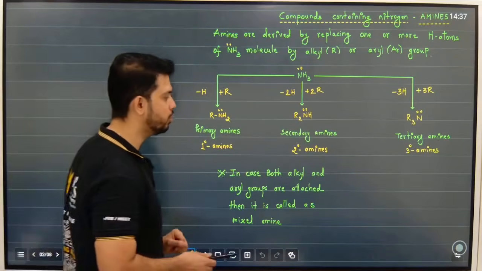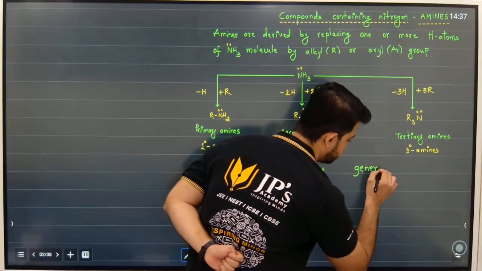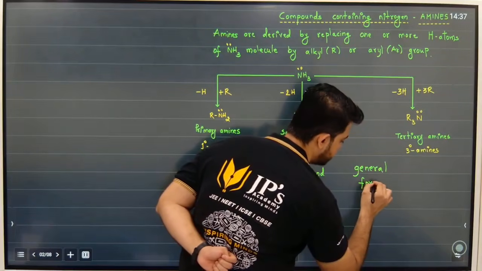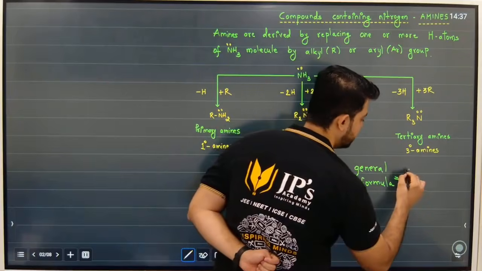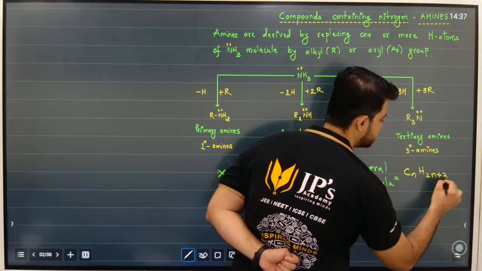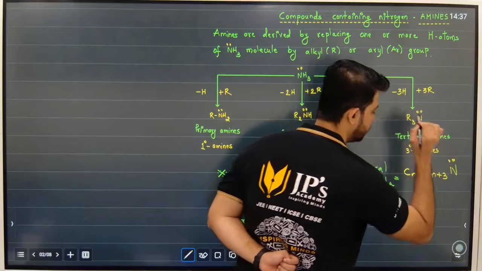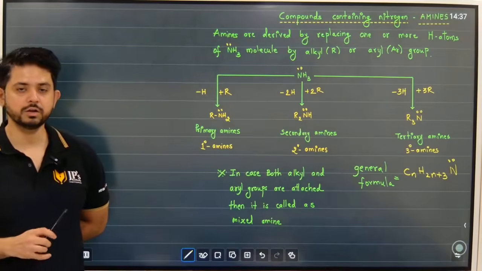For amines, we can also write a general formula. The general formula for amines can be written as CnH2n+3N.